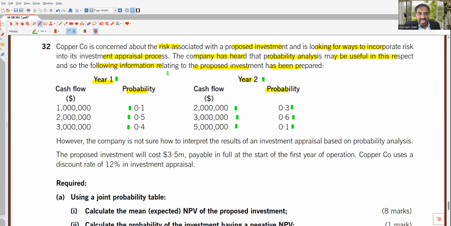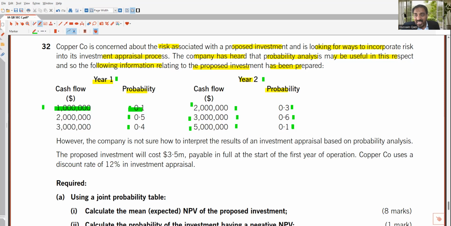For example, if we say year 1 has 1 million cash flows, with the chance of 10%. So if 1 million cash flows arise, after that year 2 maybe 2 million with a 30% probability, maybe 3 million with a 60% probability, maybe 5 million with a 10% probability.